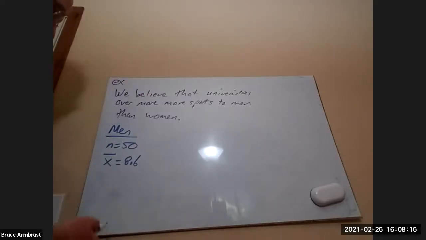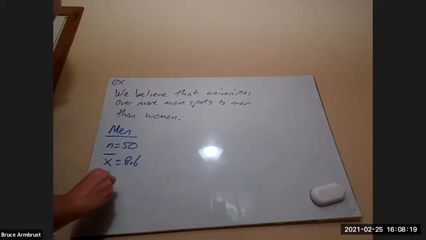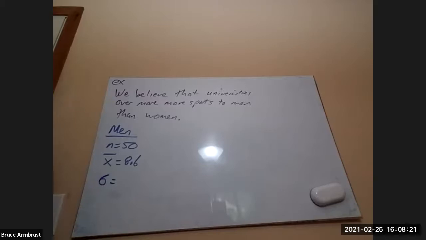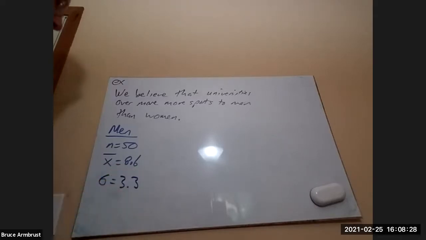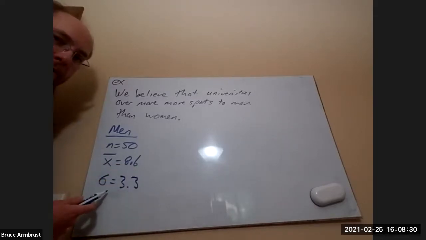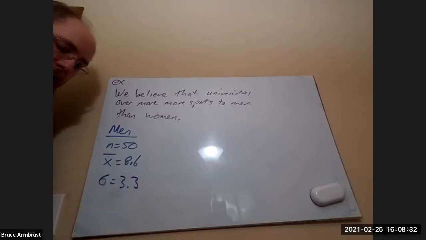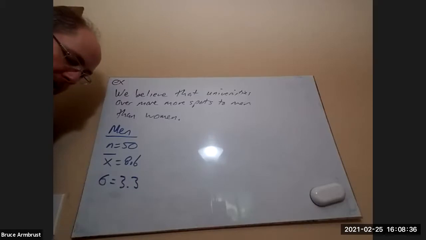Now, from some research that we find from the NCAA, we know that the standard deviation for the population is 3.3. So this is not a sample. This is just the overall. We know that this is the case. Then we do the same thing for women.